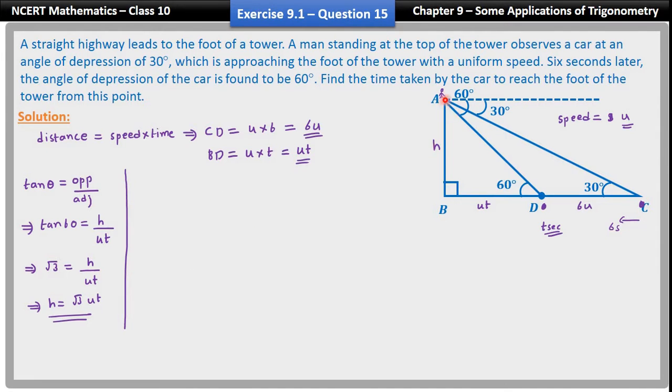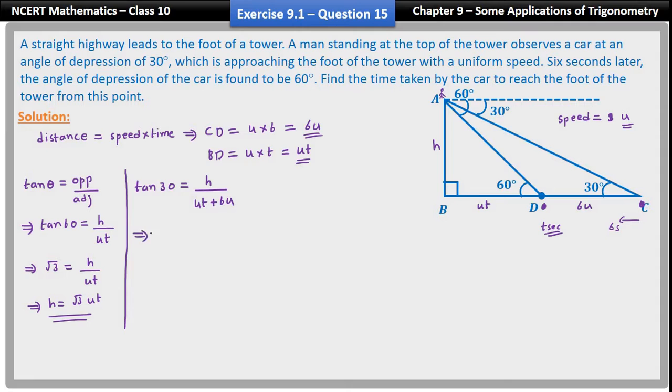Now let's apply tan theta to this bigger triangle ABC. So you get tan 30 is equal to opposite, that is h, by adjacent. What is adjacent? ut plus 6u. Adjacent is nothing but ut plus 6u.